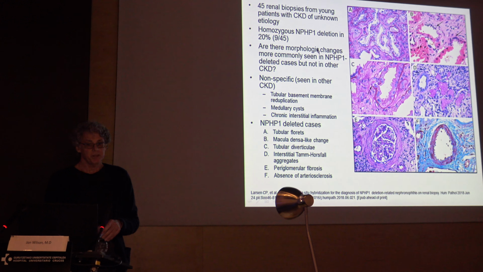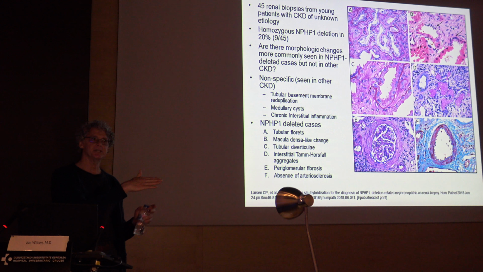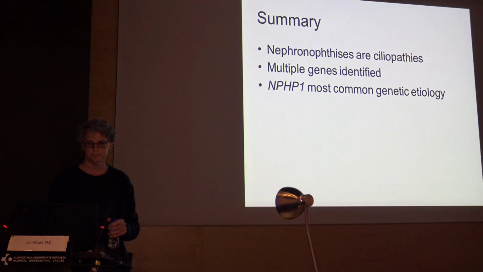And they wondered, were there morphologic changes that were more common in the NPHP1 cases than others? And what they found was there are many chronic changes, but there seemed to be more tubular florets, macula densa-like lesions, diverticulae, Tamm-Horsfall protein aggregates, periglomerular fibrosis, and absence of arteriosclerosis. So again, just because you find something genetically, you may not have to keep doing that test. You can find a surrogate marker.